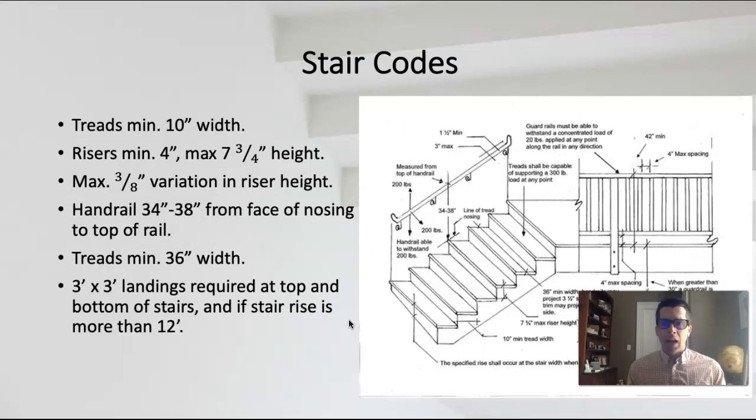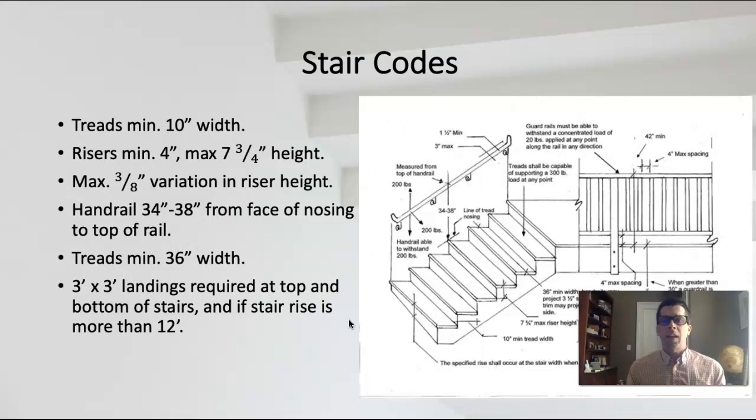But when you lay out your set of stairs, you're usually laying it out and cutting the stringers at a 10-inch tread width, and then it gets built up from there. Okay. On commercial work, that tread depth is minimum 12 inches.